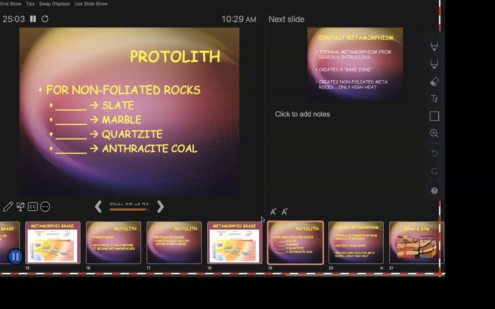So the only one we don't know is the bottom one. Those of you that had lab yesterday, what's a good guess? Peat. Close. Similar, but not quite. What was the coal you guys saw yesterday?